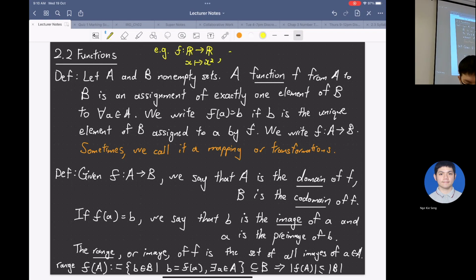This is a function: you give me x, I hand you back x squared. And second, we also look at the function from R to R sending x to x cubed. So this is also a function. Let's call it g.